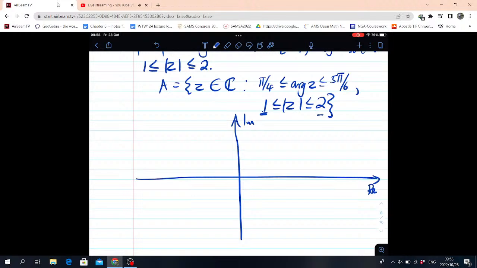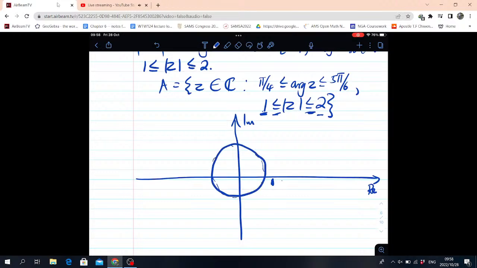So we have to draw a circle, right? That is the first one. Any complex number with modulus 1 is going to be on this line. Maybe let me draw it as a dotted line. Well, it's less than or equal to, so I think a bold one is fine. Okay, so we've got that.